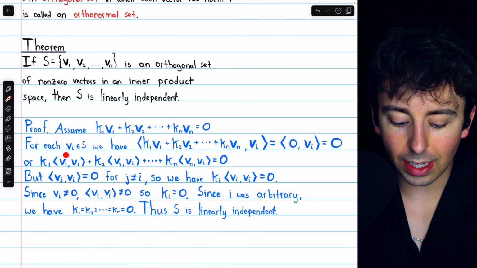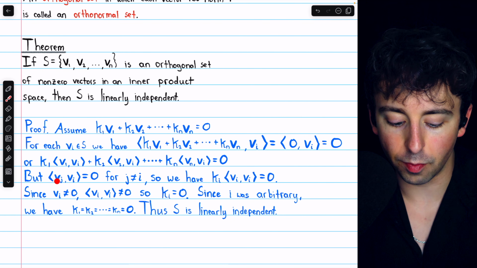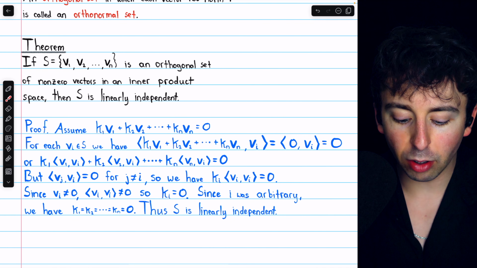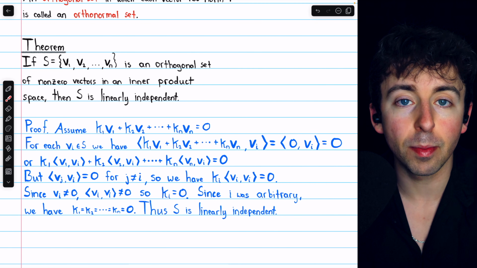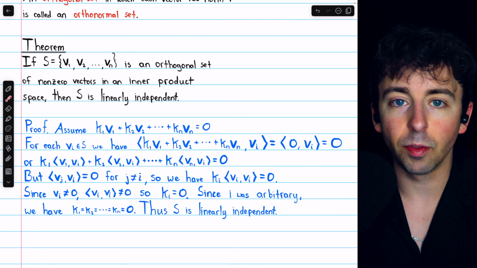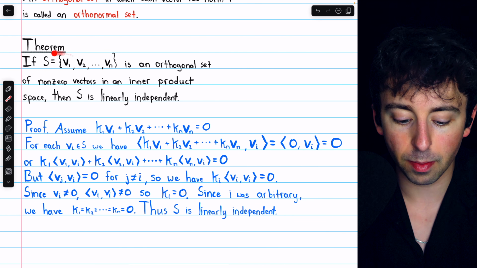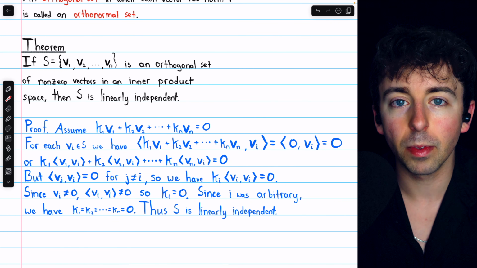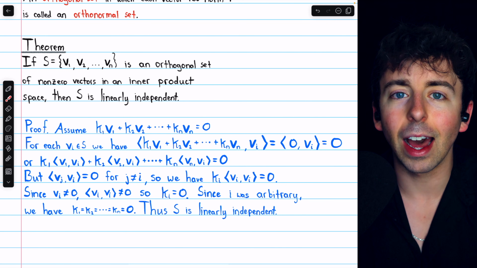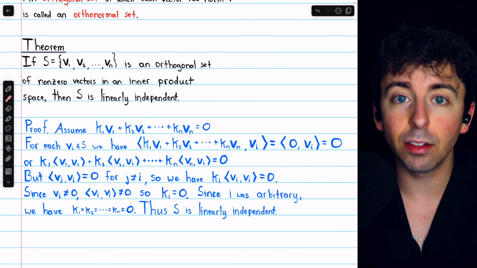However, we know that each of these inner products, Vj, Vi, so long as j is not equal to i, each of those inner products have to be 0, because Vj and Vi would be distinct vectors from this orthogonal set. So by definition, their inner product would be 0. Keep in mind again that Vi is arbitrary, but it is fixed.